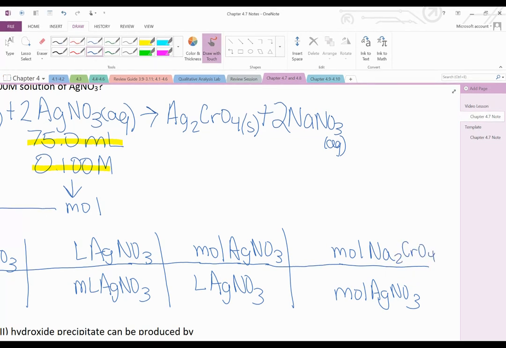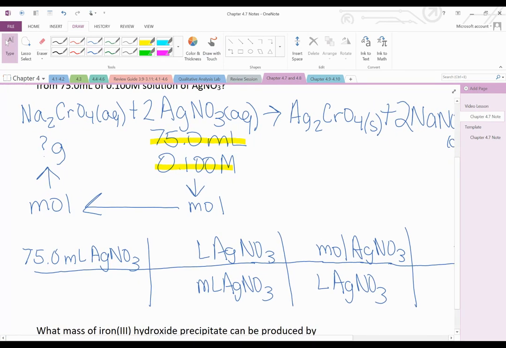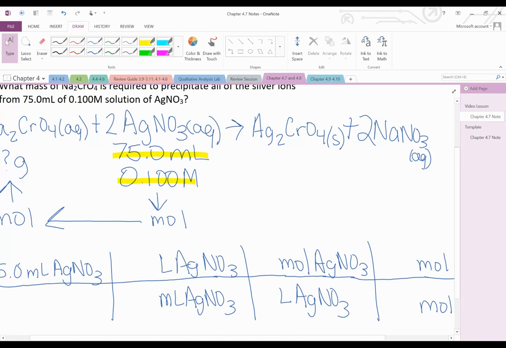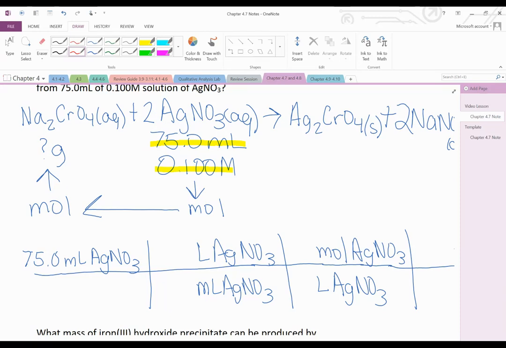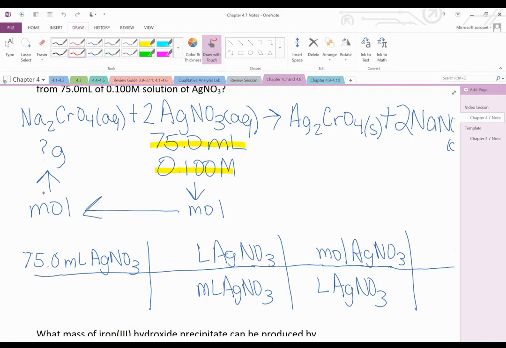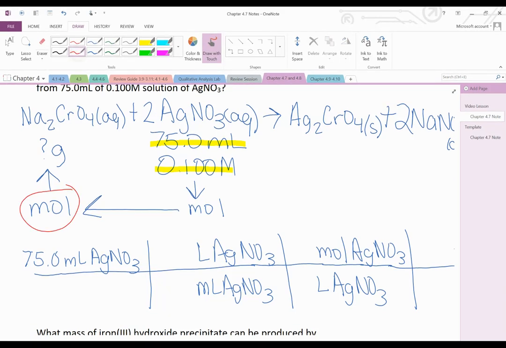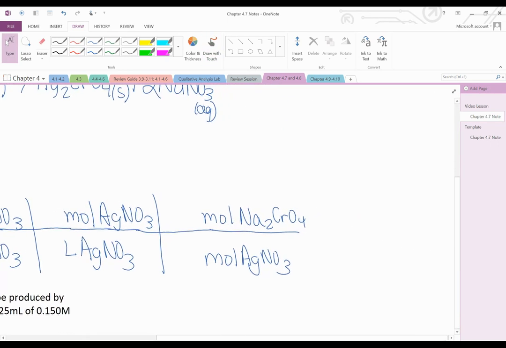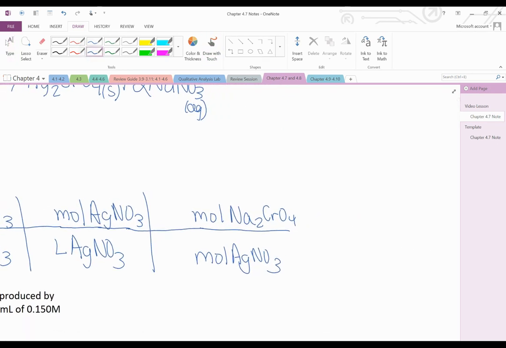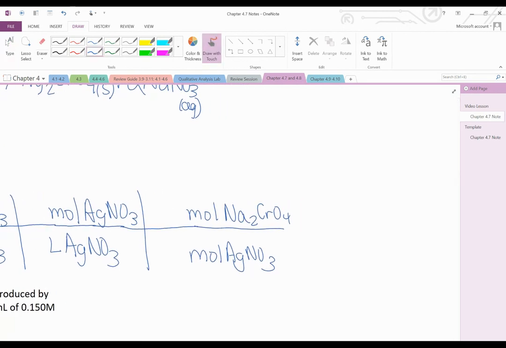Then if I look back at my little flow chart, now I'm here at moles. So I'm going to convert using the molar mass of sodium chromate with one more step, and then we'll put in all of our numbers.